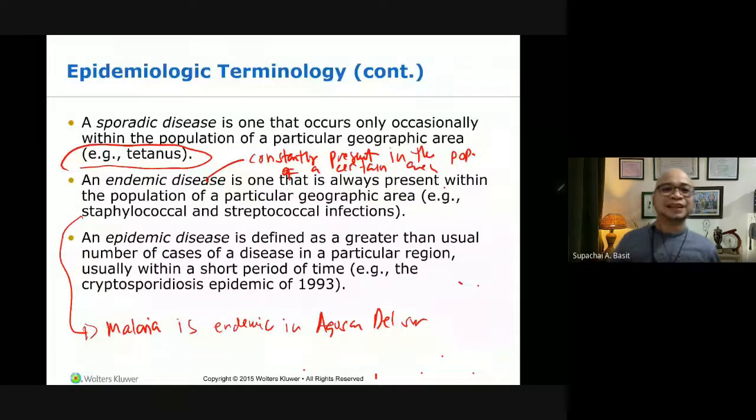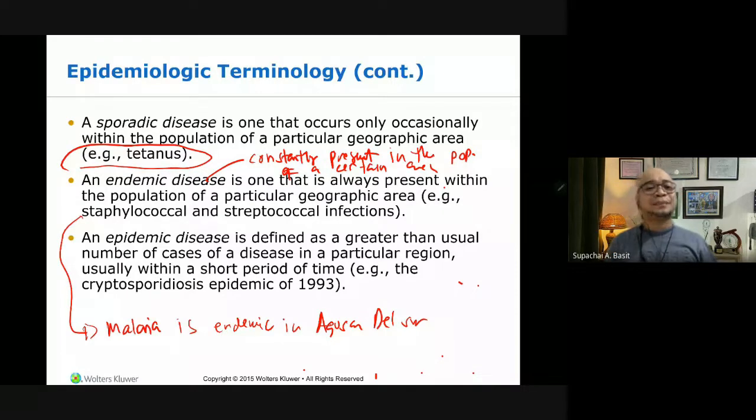So which means malaria is constantly present among the population of a certain area. In this case, I'm referring to Agusan del Sur. But you really have to be careful in choosing the term endemic. If the disease is not constantly present, then do not call it endemic.